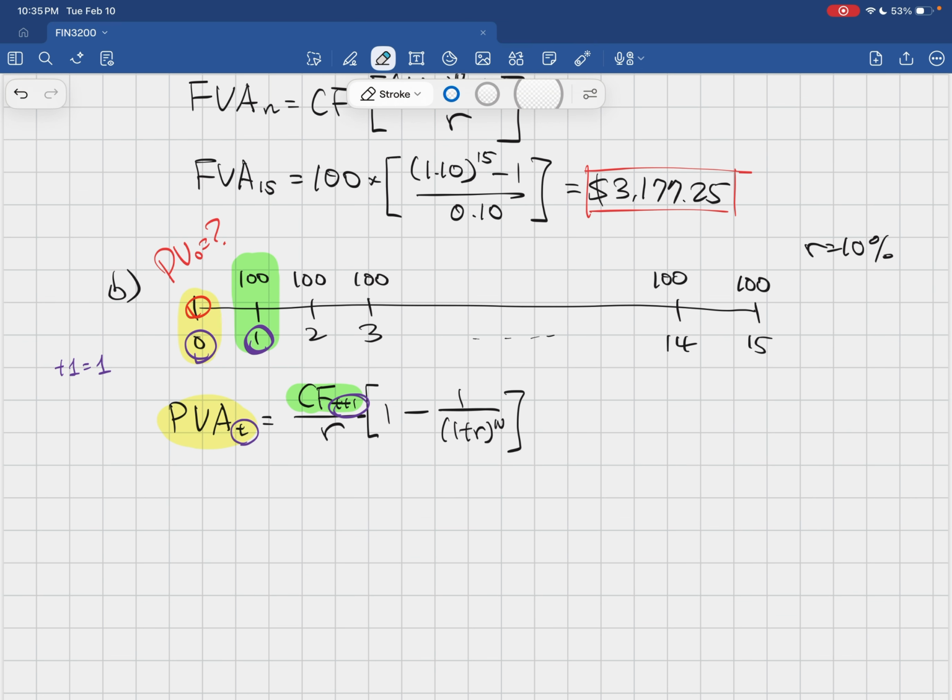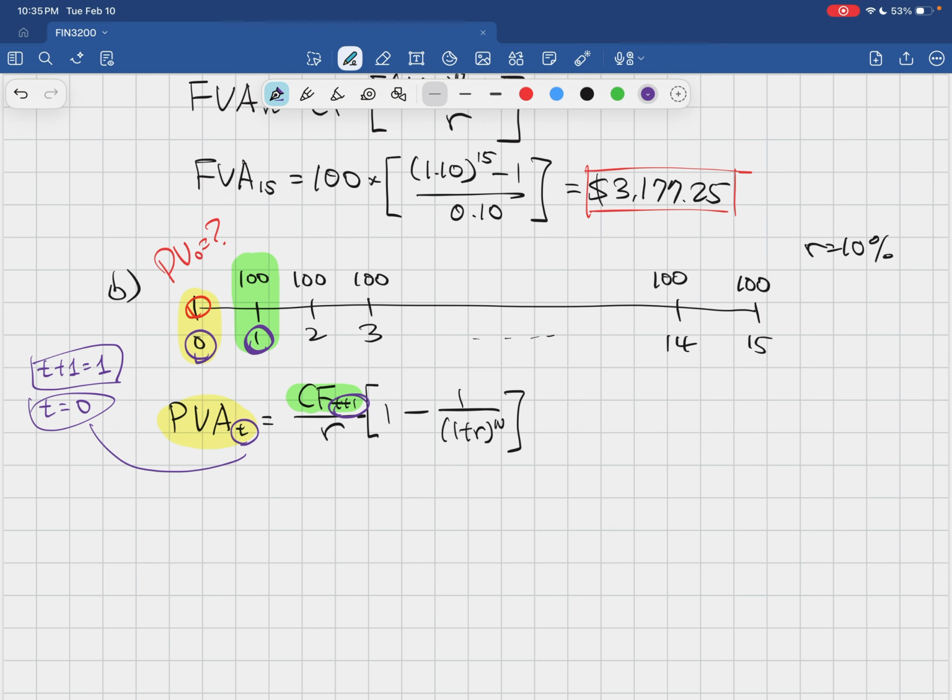Since t plus 1 is 1, you can solve for t. T is just 0 if you subtract 1 on both sides. I'm just showing you how the formula works.